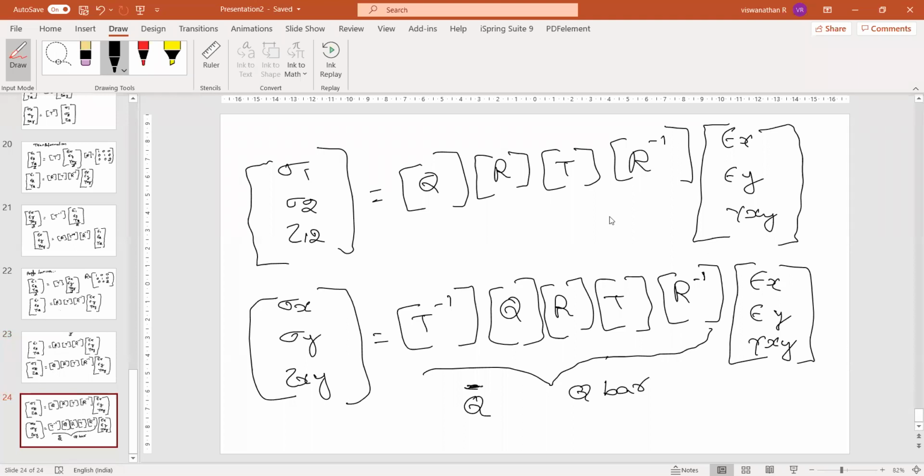This whole thing we called Q bar. Any doubts in this so far? Any doubts, please ask. No, sir. Okay.